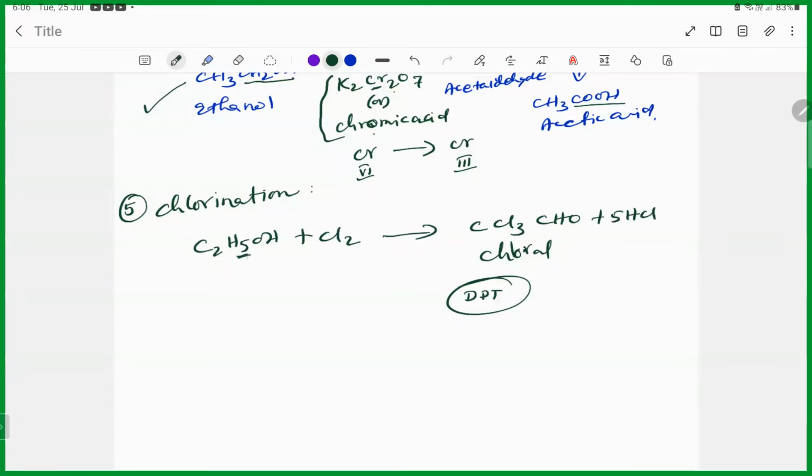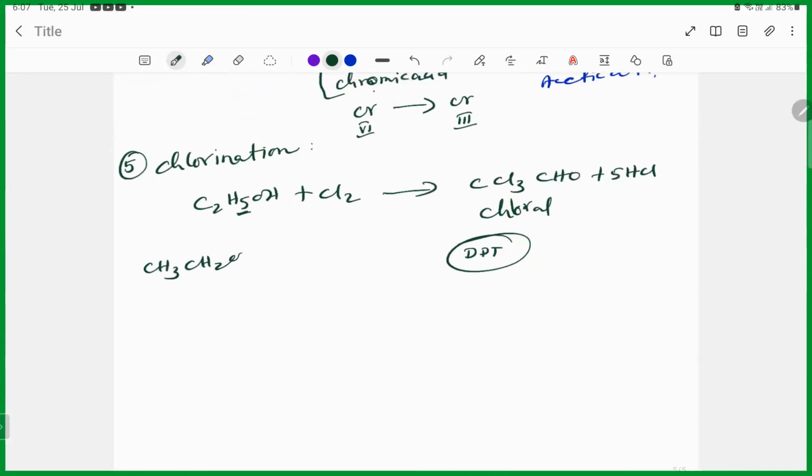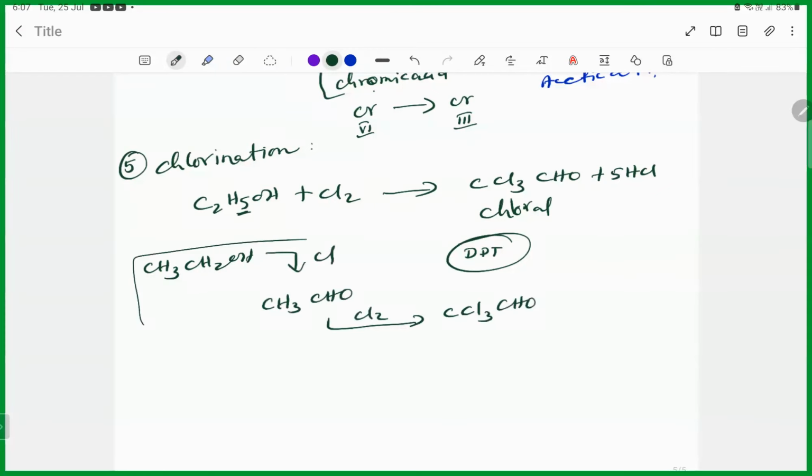CH3CH2OH, when you use chlorine, it will oxidize into CH3CHO. Again, if you do chlorination, it will give CCl3CHO. So this is what happens in this reaction.